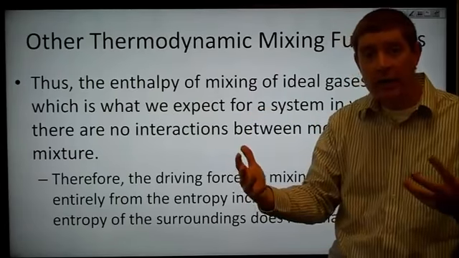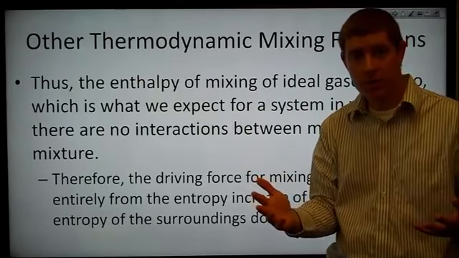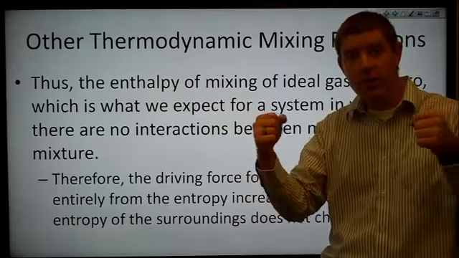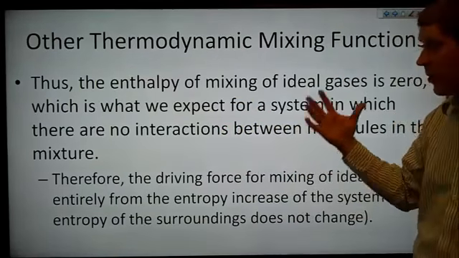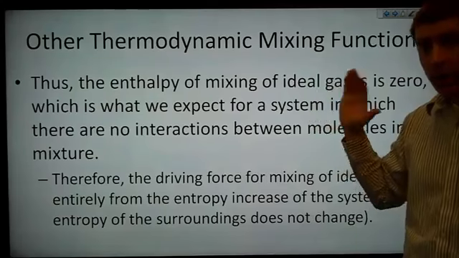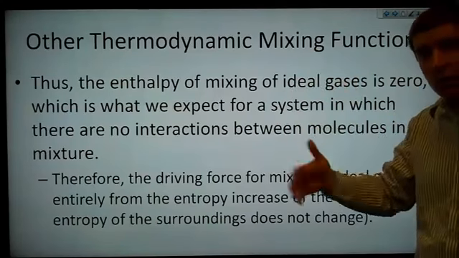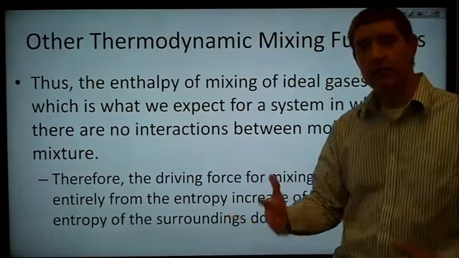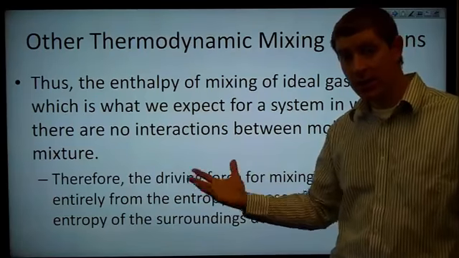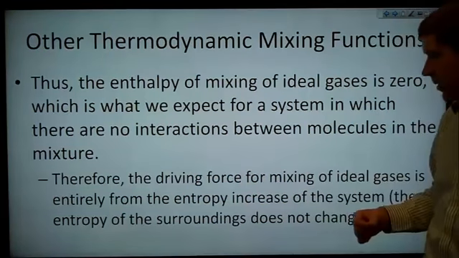Now, for real gases, there will be an enthalpy change because real gases have some attractive or repulsive forces between the molecules, and so this won't be true. But for an ideal gas, it's true. So as long as we're working in conditions where we can treat our gases as ideal, then the enthalpy of mixing will be approximately equal to 0.